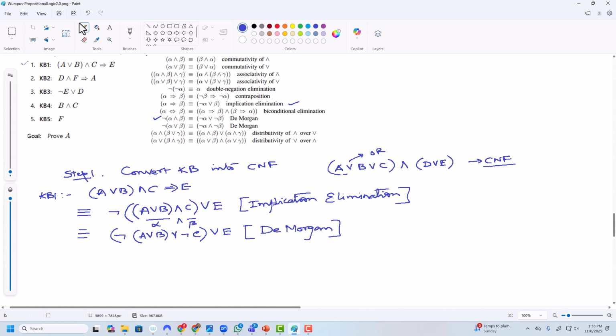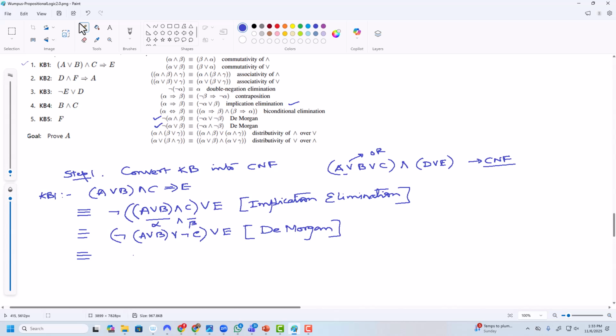Then after that, this is equivalent to not of alpha or beta. Can we apply this one directly, not of A or B? So that means the negation will come again inside.